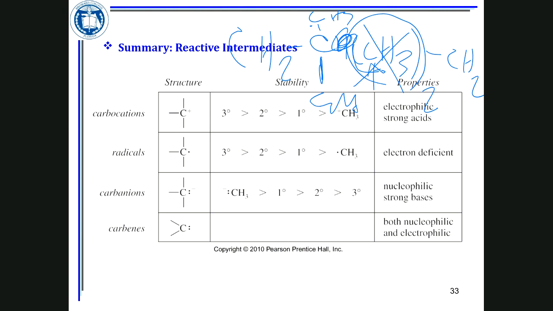Now the question is, should you number it from this end or this end? You have to name both of them and see which one would take the priority. So if you go from this way, you're going to get 2, 3, 4, 5, 6. If you go from this side, you're going to get 1, 2, 3, 3, 4, 6, 7, 8.